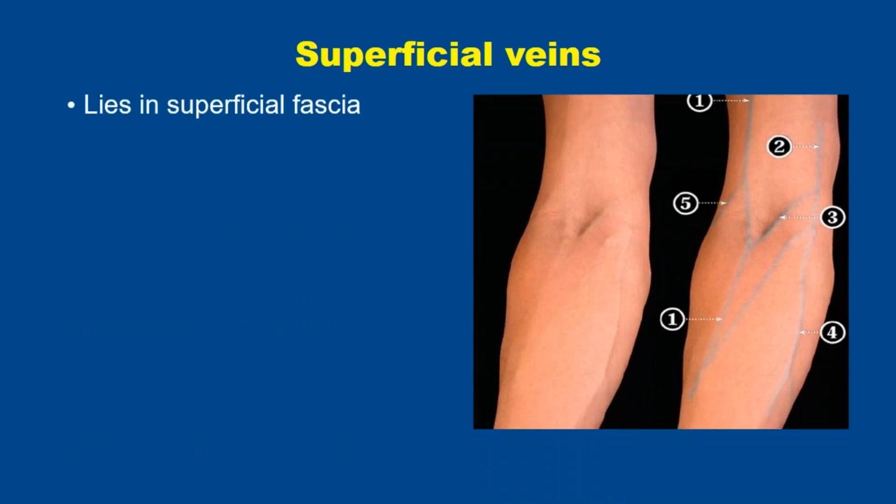Now first we'll discuss the superficial veins of the upper limb. As we know, the superficial veins lie in the superficial fascia.